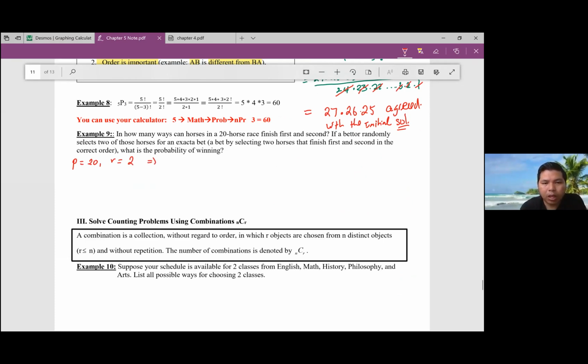So the number of ways is equal to 20P2, because I know it's permutation because order is important, it has to go first and then second. So I get 20 factorial divided by (20 minus 2) factorial. So technically we get 20 times 19, and that's just going to be 380 ways.